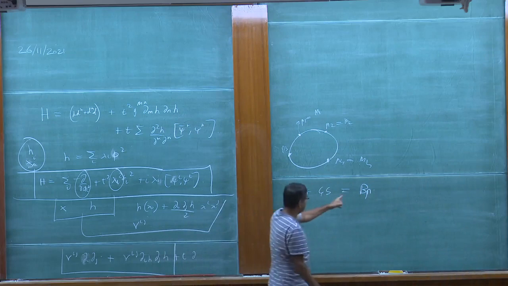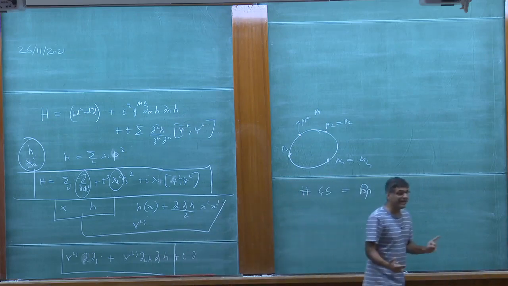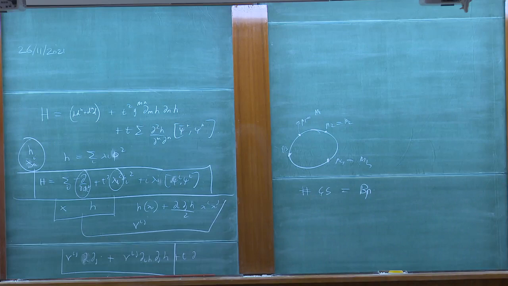But the number of ground states cannot be larger than the number of semi-classical ground states. Because the number of semi-classical ground states counts all the states with energies that are very low. Now, maybe some mixing will take these very low energy states and make some of them non-zero energy, as we saw with the one particle problem. But it can never happen that other states come down. We've calculated a very good approximation that these are the only low energy states.